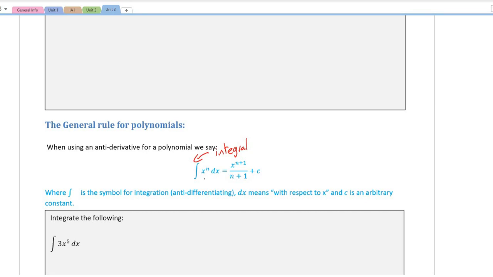The same way we say integrate or we find the integral of. So guys, if this is my original function, f of x, if I differentiated it, that would become f dash of x.